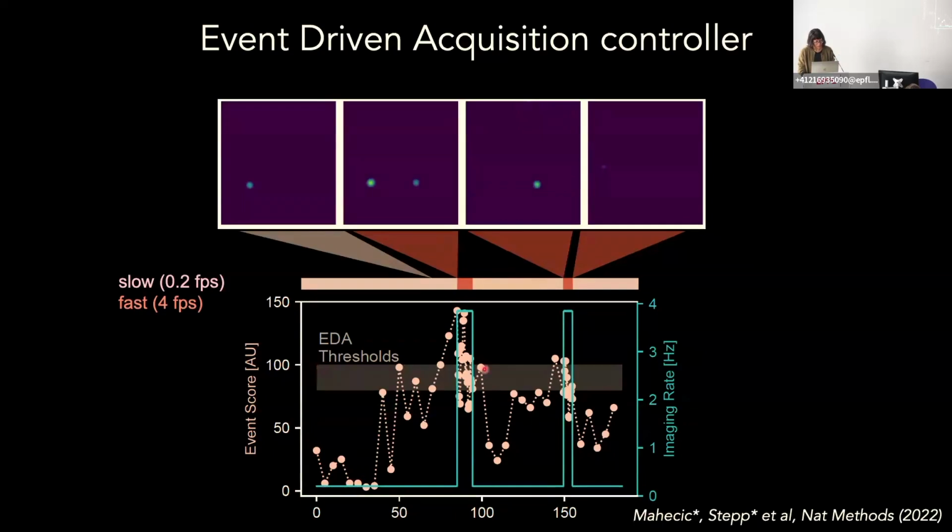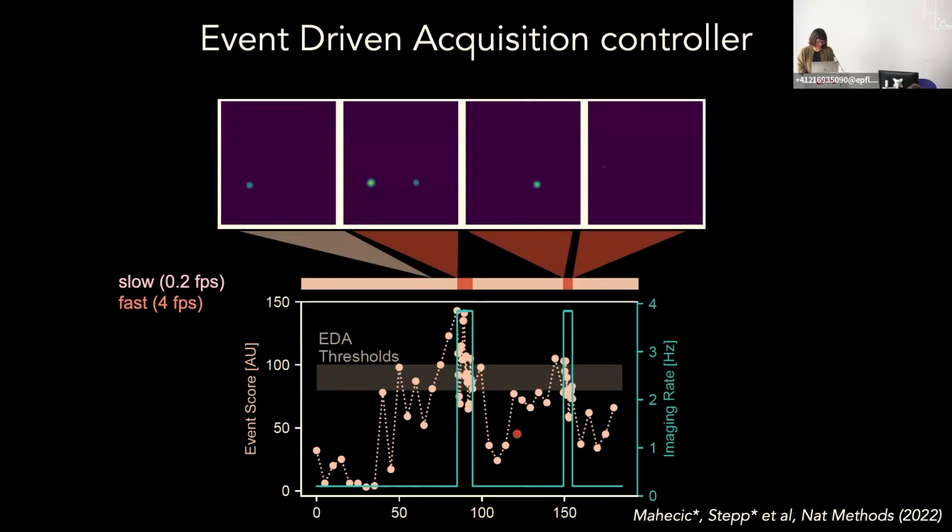And we set a threshold range so that once the event score exceeded this upper threshold, then the microscope toggles to a fast imaging rate. So from 0.2 frames per second, it goes to 4 frames per second. And then once the score diminishes below a lower threshold after a fixed minimum time, it switches back to a slow imaging rate.